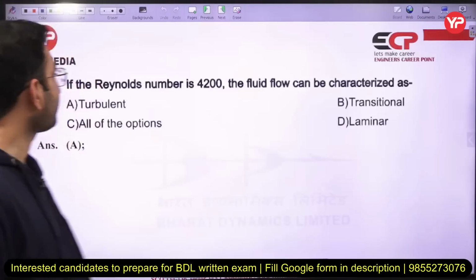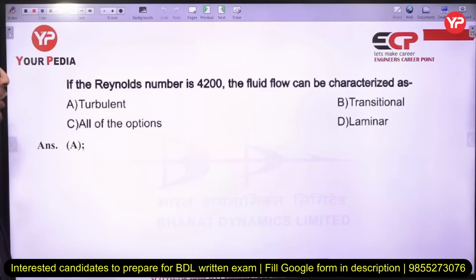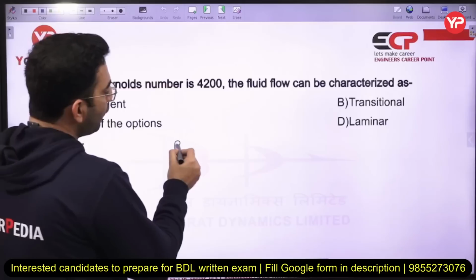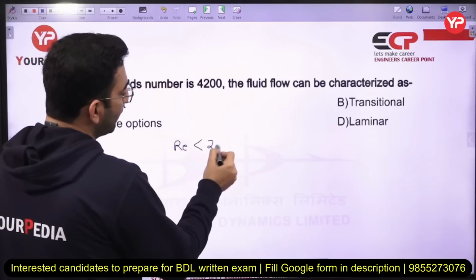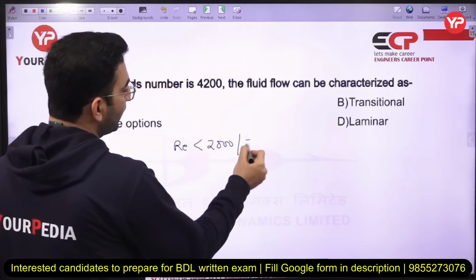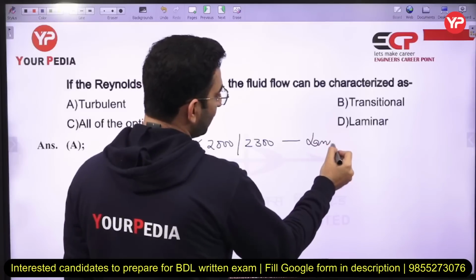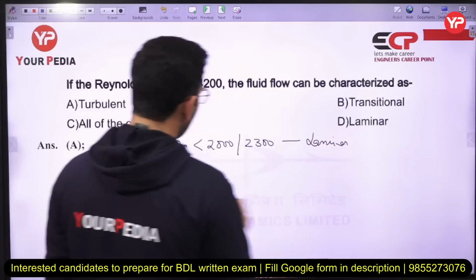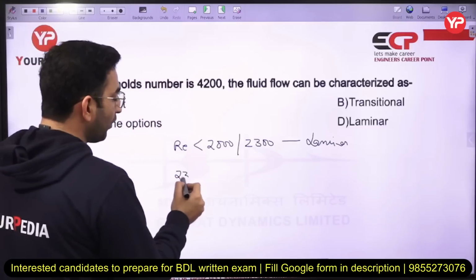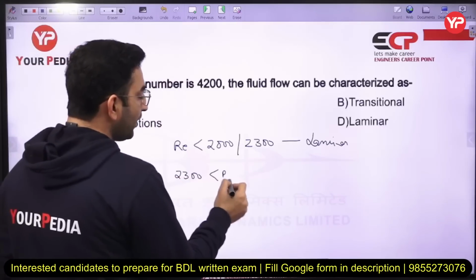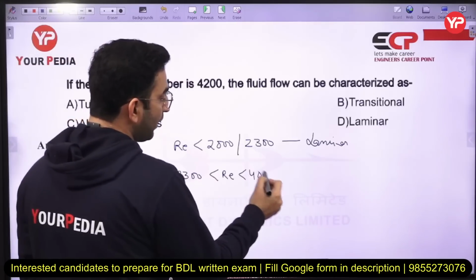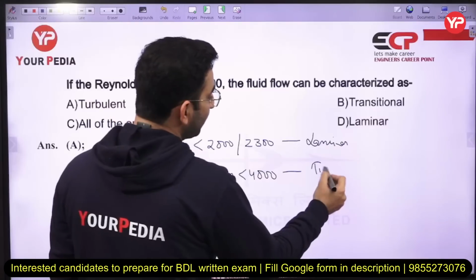Next part. If the Reynolds number is 4200, the fluid flow can be characterized as, that's a very simple case. If the value of Reynolds number is less than 2000 or 2300, we can say it is a laminar flow. Similarly, when the value of Reynolds number lies between 2300 and 4000, the flow is in the transition phase.